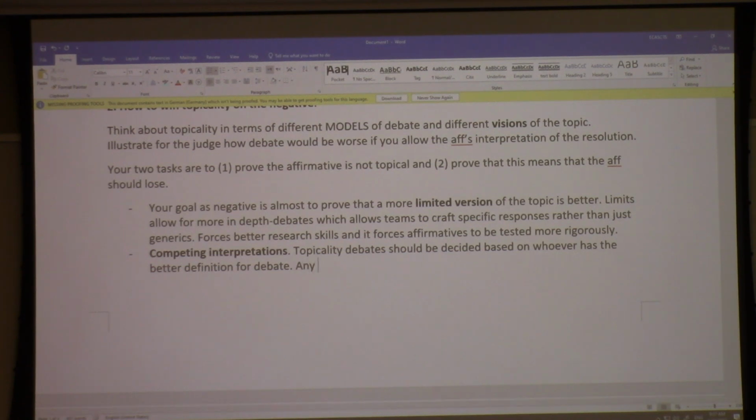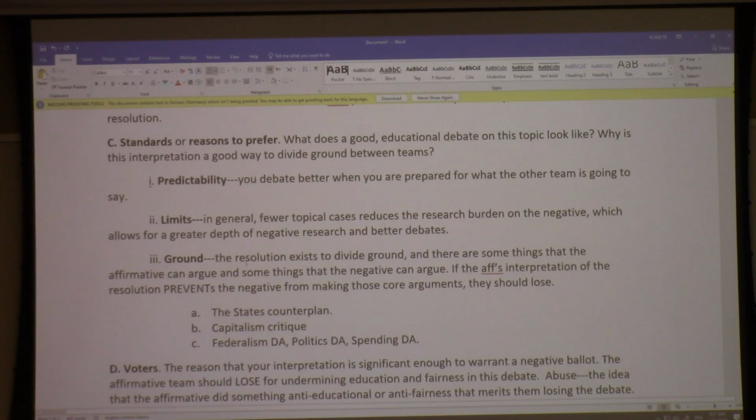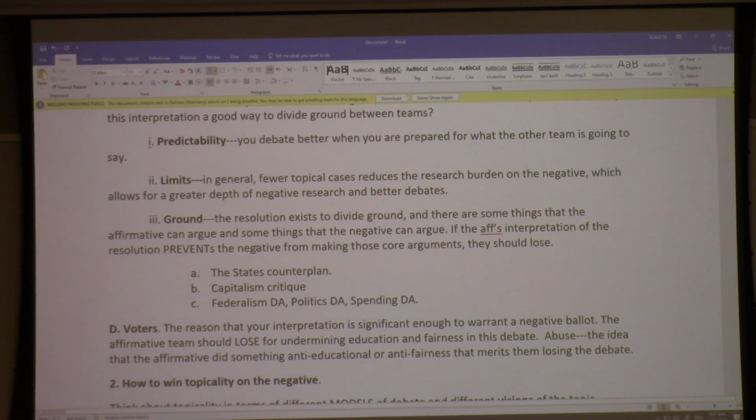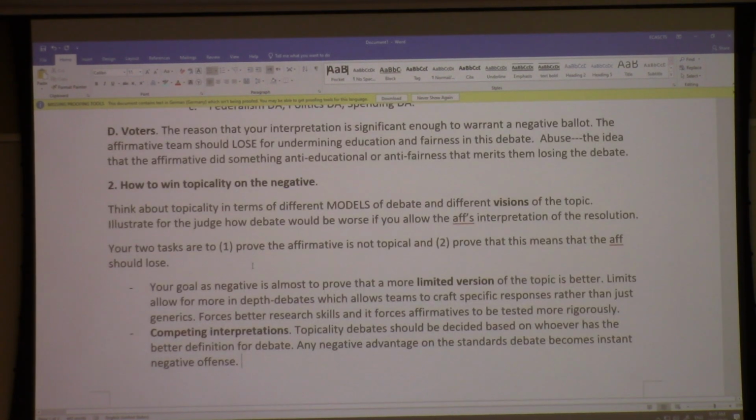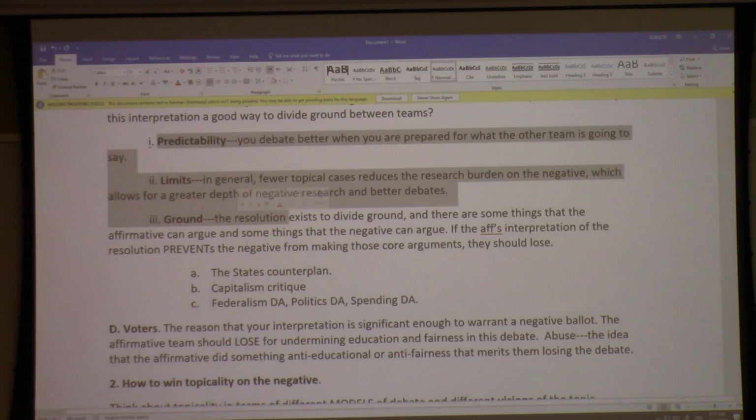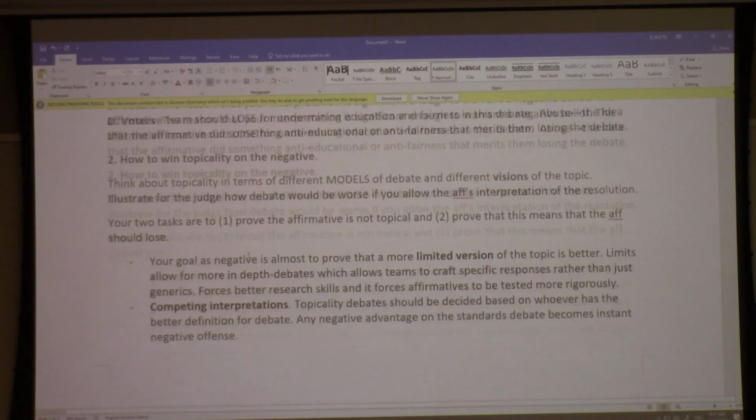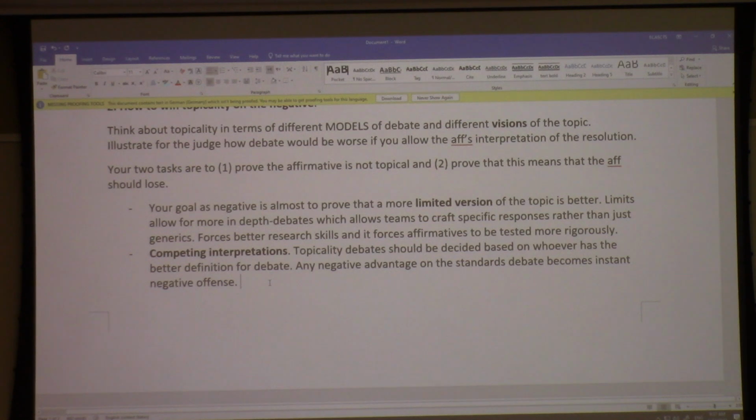So any negative advantage on the standards debate becomes instant negative offense. Like any other argument in debate, the negative needs to win some offense that is true in order to win. And the standards become offense when you are evaluating topicality through competing interpretations.